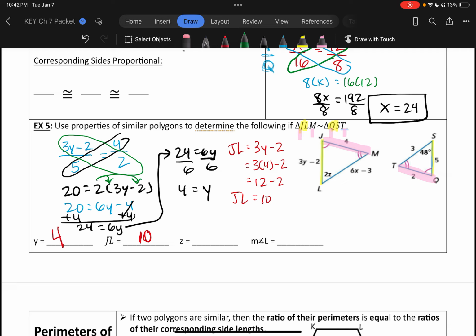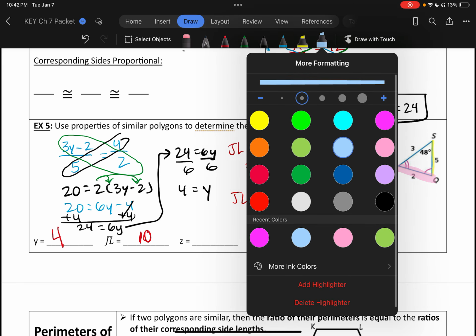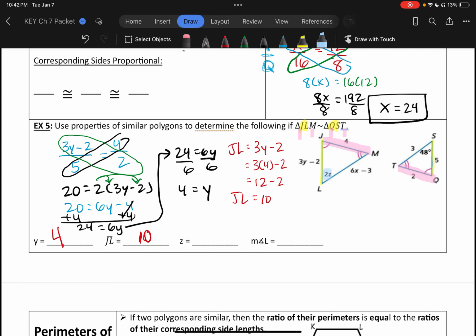What you'll notice here is z is found right here with this angle, angle L. So as I look at this, what corresponds to angle L? Angle S. So these two are corresponding. Now you need to pay careful attention to what we've been repeating throughout the notes and the very first thing in the beginning of today's notes.